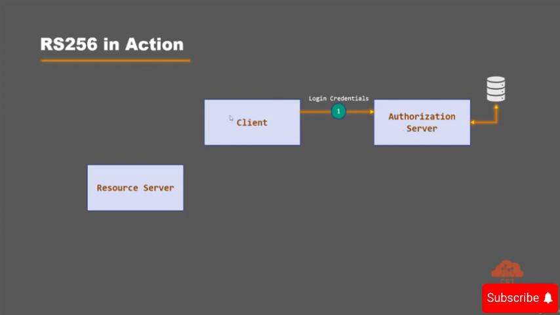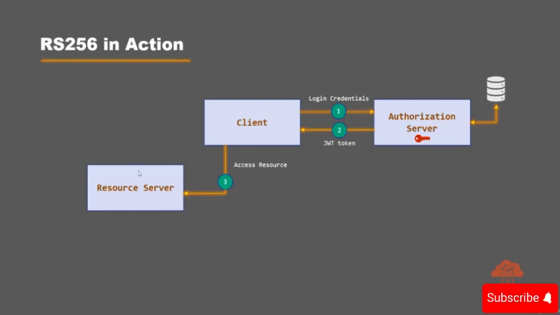Once this user is identified to be authenticated, this authorization server makes use of an RSA private key to create a JSON Web Token. Once this JSON Web Token is created, the authorization server responds back to the client with the token. Now, after the client receives this JSON Web Token from the authorization server, it presents this JWT to the resource server.